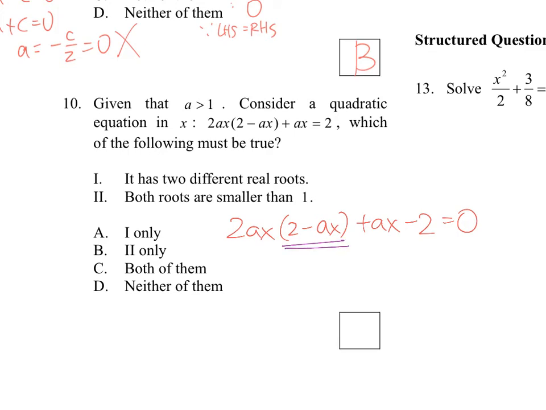2 minus ax, ax minus 2. They appear really similar if we do a little check. Okay? Sorry, it should be 2 minus ax.